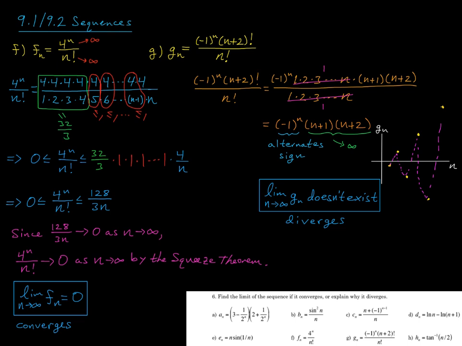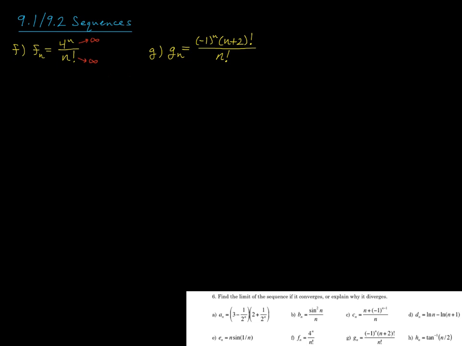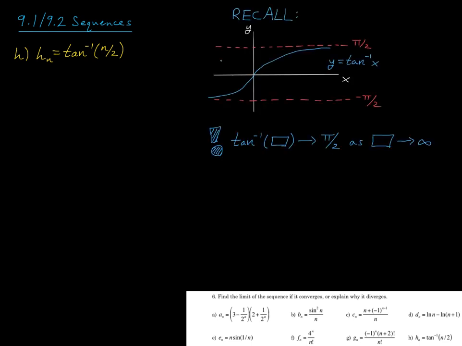All right, cool. And now for the very last one, we've got part H. Sorry, I need to get rid of these. For part H, we're looking at the sequence h sub n, which is the inverse tangent, also known as the arctangent, of n over 2. And the key thing to remember here from Calc 2 is what the graph of the arctangent function looks like.